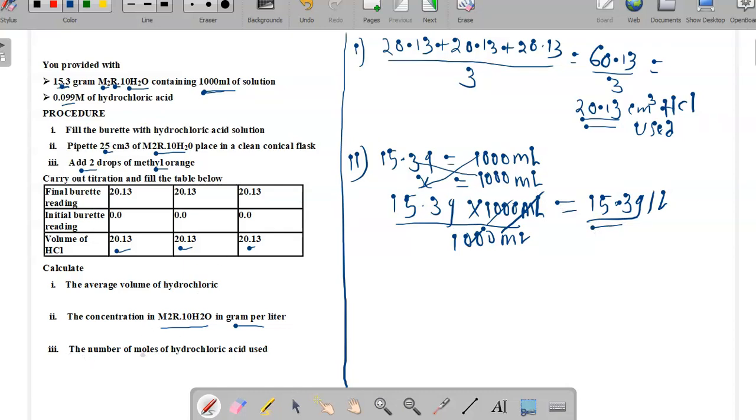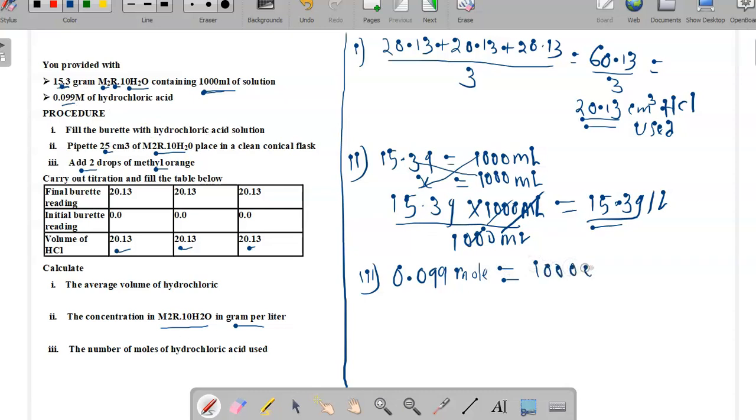Roman 3 is asking the number of moles of hydrochloric acid used. To get it, we have the molarity of HCl as 0.099 and the volume of HCl used, 20.13. So this is what you do. 0.099 moles, which is the molarity of the HCl, is equal to 1000.